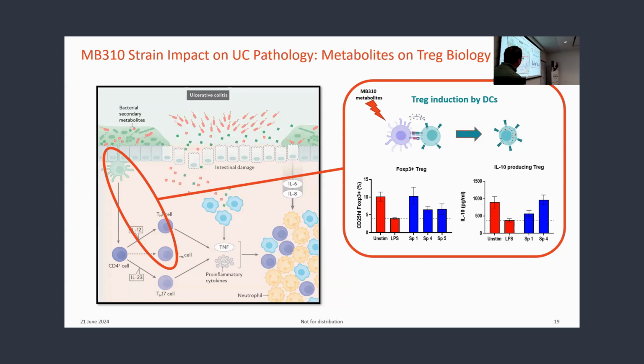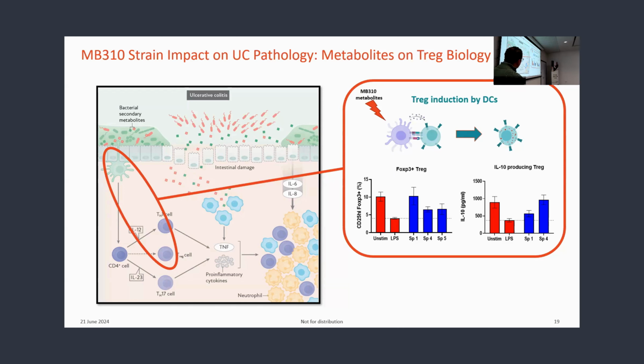And indeed, 3 of our species produced metabolites that led to the induction of FOXP3 positive Treg cells, and 2 of them led to the induction of IL-10 producing regulatory T cells. So we have 2 different types of regulatory T cells being induced by MB310.